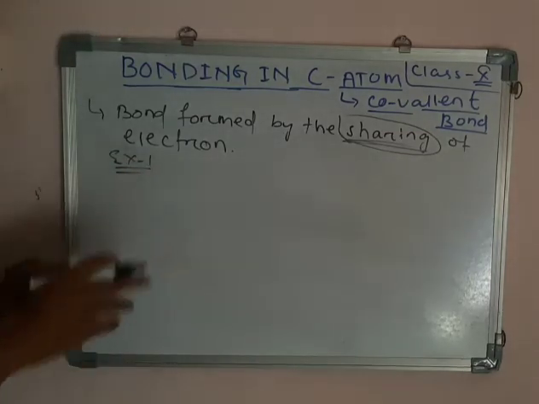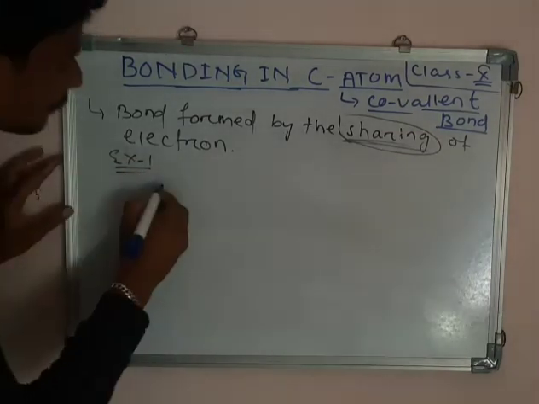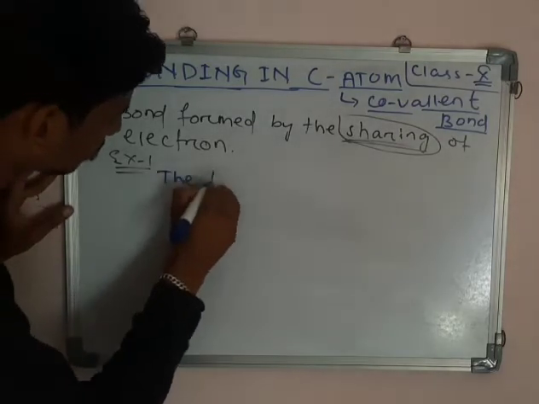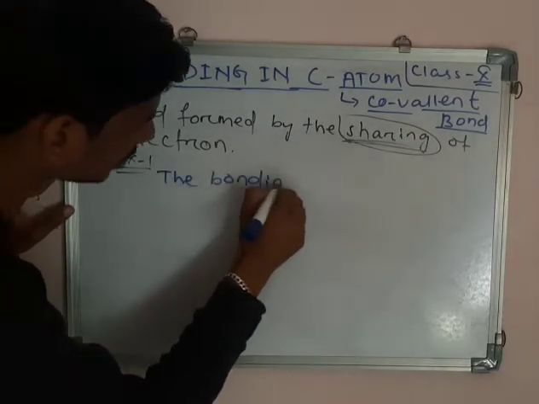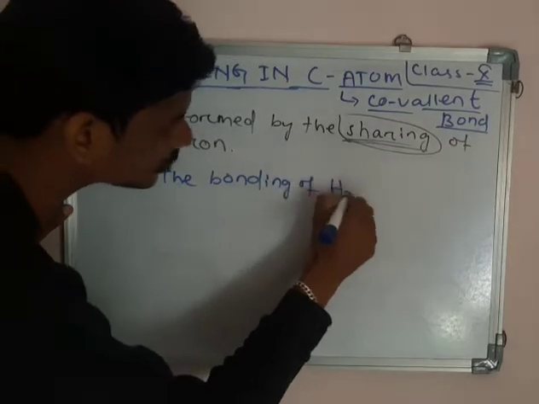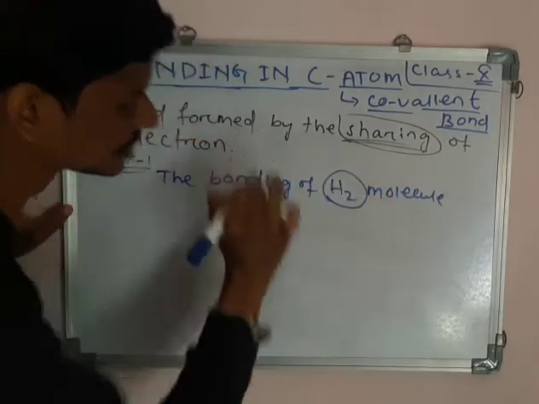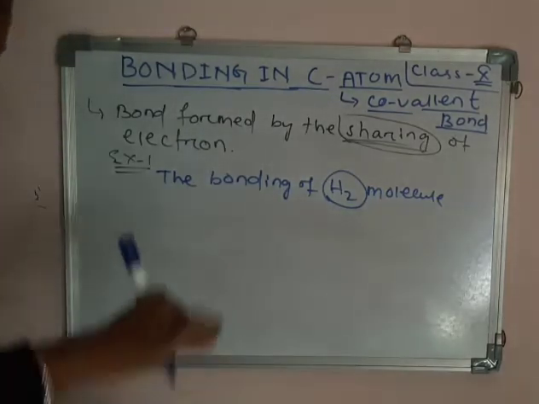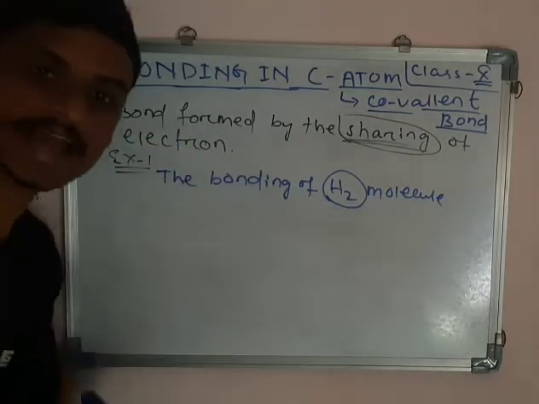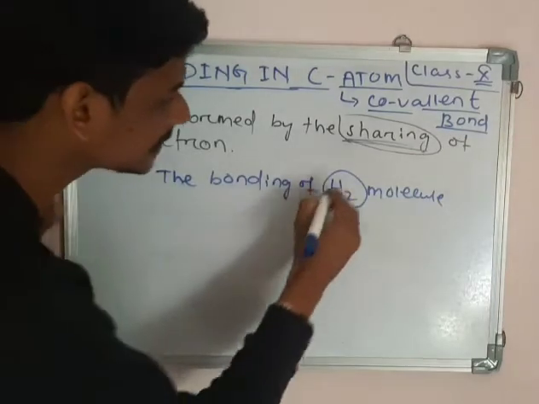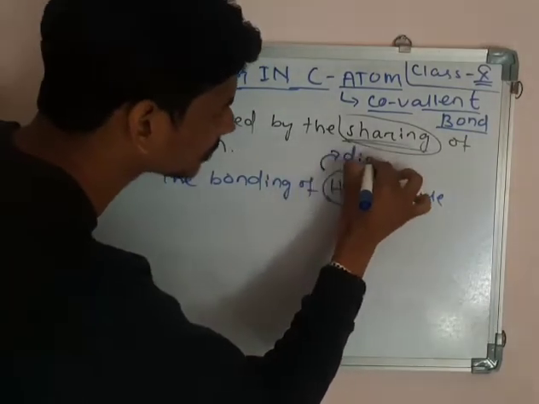So let us consider the bonding of H2 molecule. Why is it H2? Because hydrogen is a gas and every gas is stable in its diatomic form.